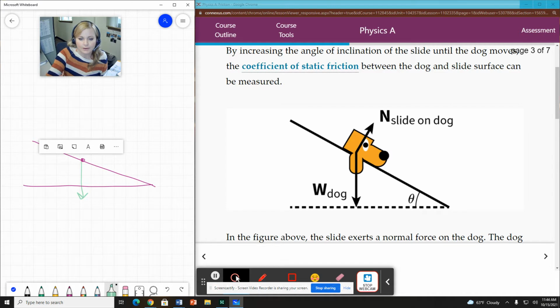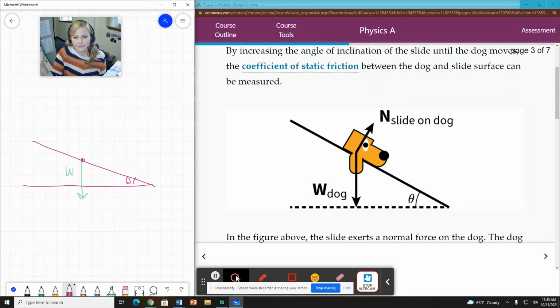That's the weight of the dog. But the full weight does not act down the slide, only part of it does. If we know this angle right here, which we're going to call theta, then we can calculate these things.